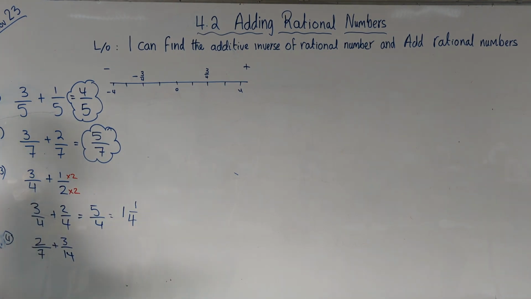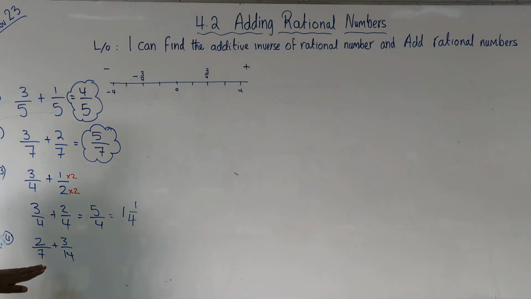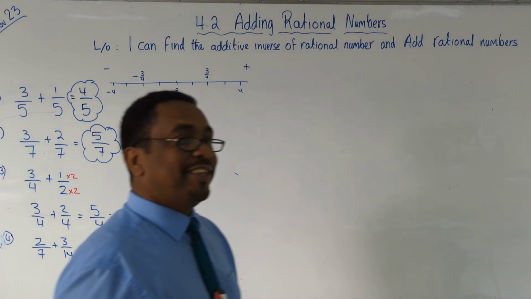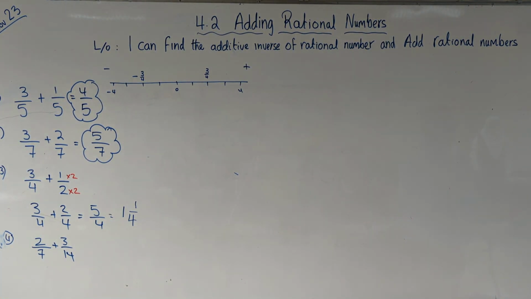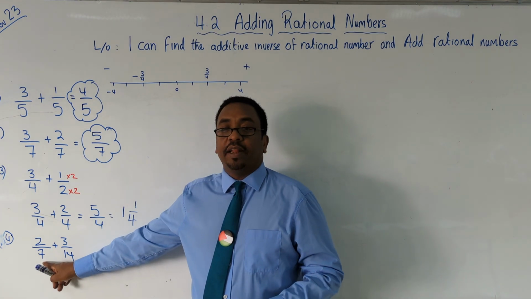Can we add these two fractions? Yes, we can do it. You have to make one of them the same as the other one. First try. What do we do? Exactly. She's right.